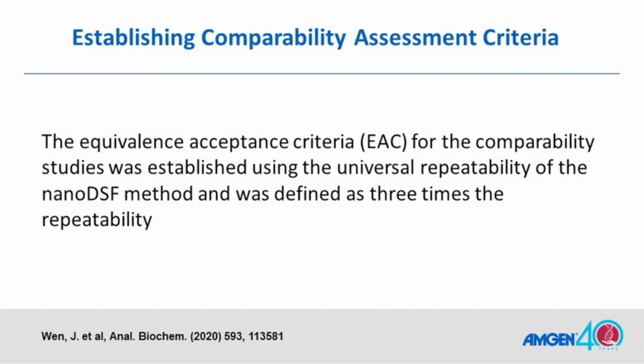The equivalence acceptance criteria for the comparability study was established using the universal repeatability of the nanoDSF method and was defined as 3 times the repeatability. The result was published in Analytical Biochemistry this year.